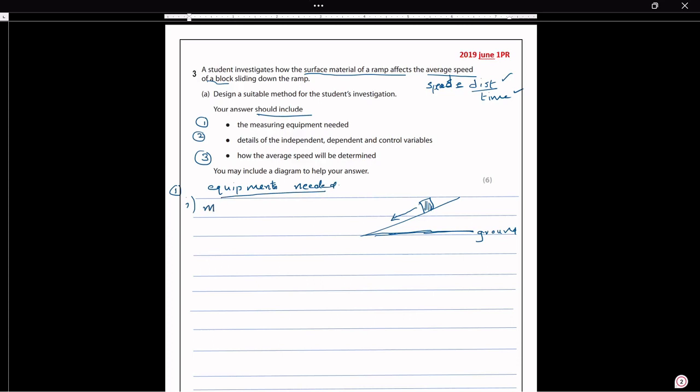Number one, measuring tape or a ruler to measure distance. The second one is he needs a stop clock or a stopwatch to measure time.